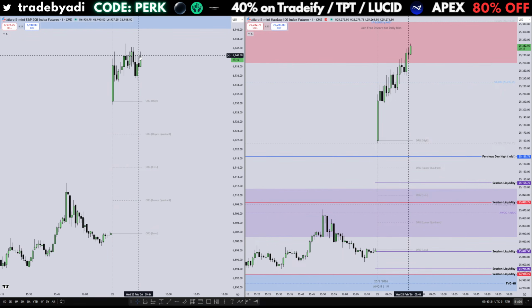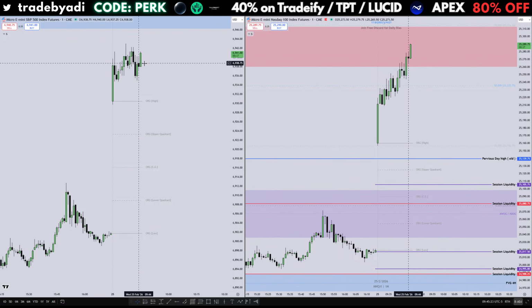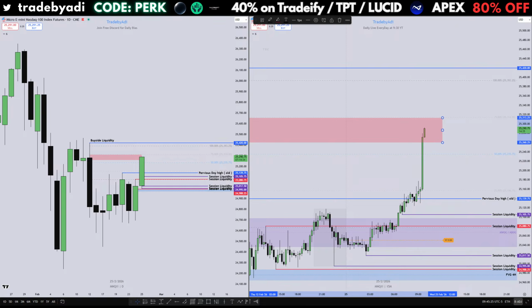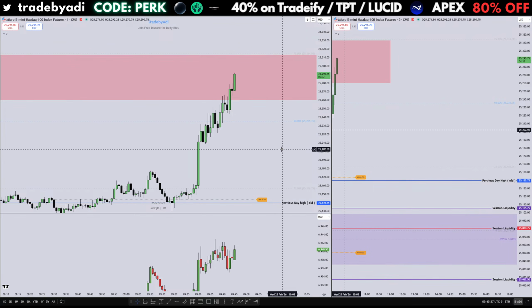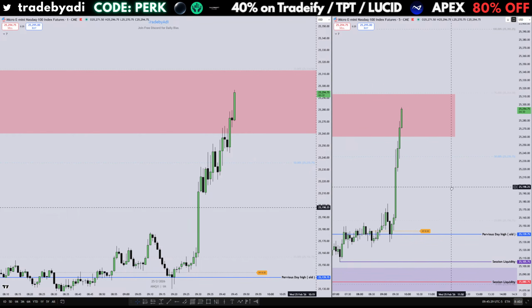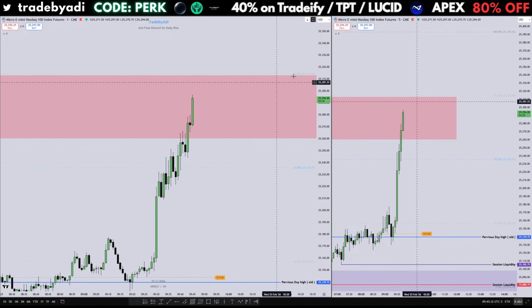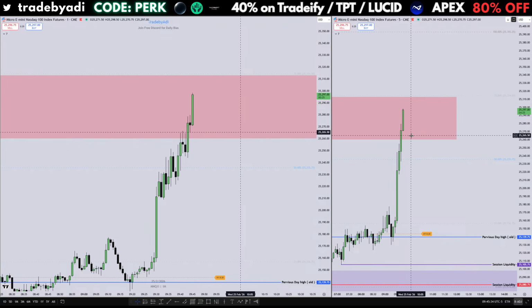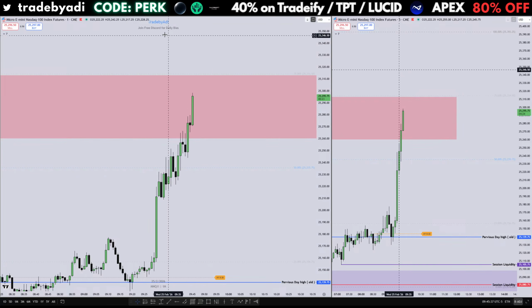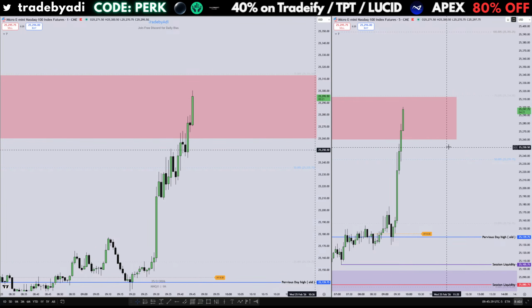That's why we cannot confirm any change in state of delivery. What I was expecting about this fair value gap is that it is going to rebalance fully because there is no balanced price range inside this FVG. This is how you can expect how much of the fair value gap it is going to fill, like 75%, 20%, or 50% or 100%.